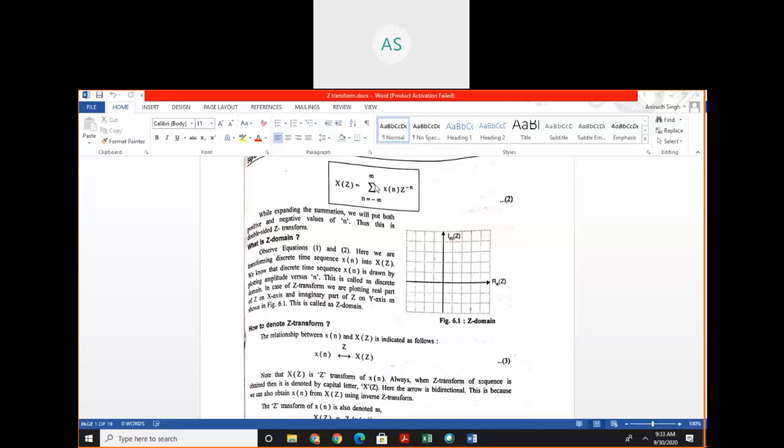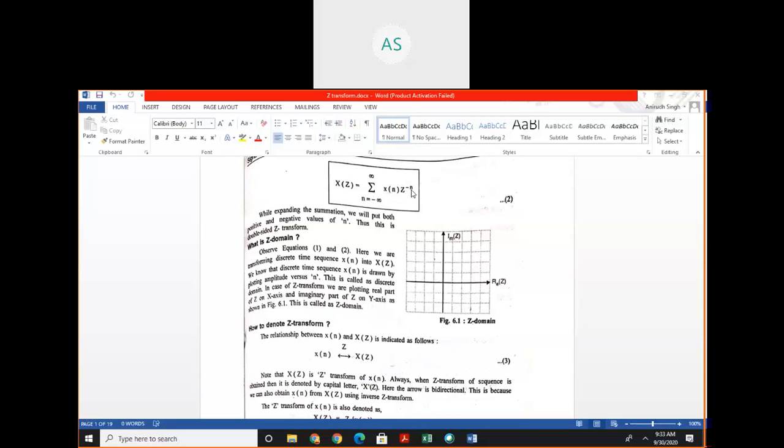If we replace the summation sign by integration, and n by t, we get the integration from minus infinity to plus infinity of x of t, and z is replaced by e raised to the power s.